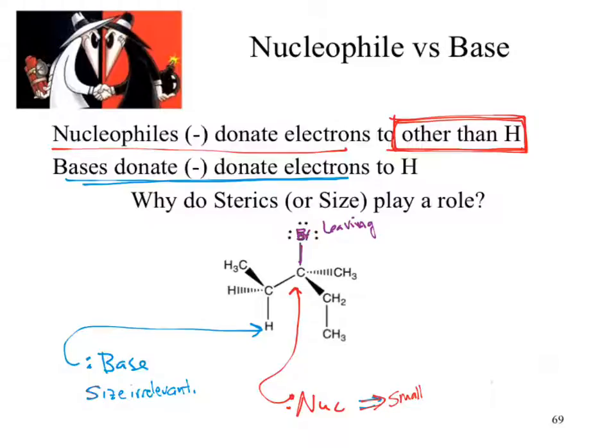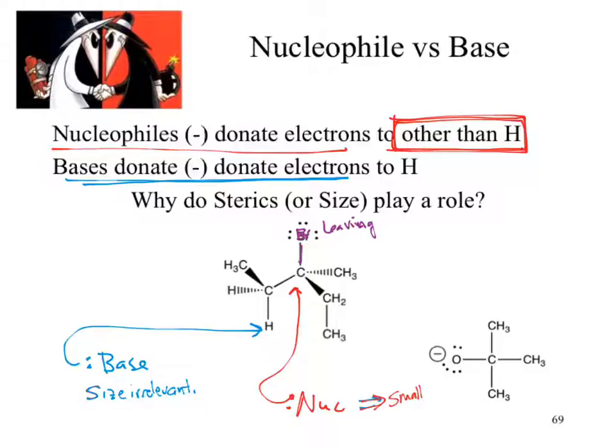But we can use this to help us predict something. Let's say I use a species like this guy. How would I expect that to react? More like a base or more like a nucleophile? Why did you say base? It's large. Okay, let's run with that. Nucleophile says I want small.